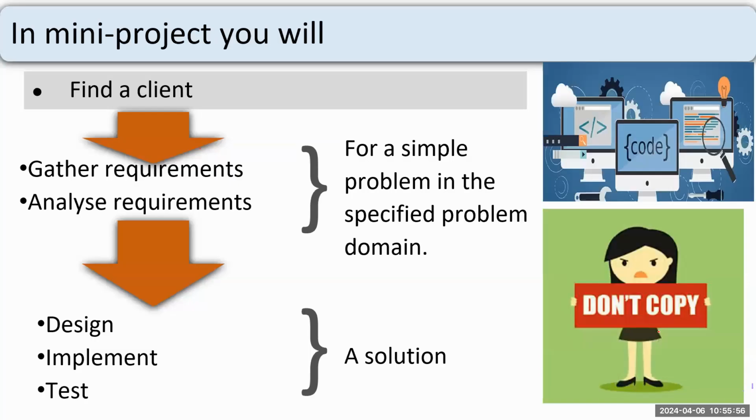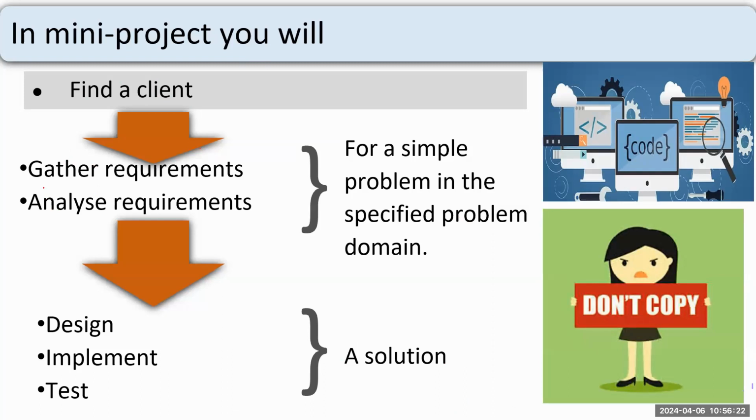Okay, and specifically in the mini project, you have to be focused on three major contributions. First, find the client. The client means the customers. Sometimes the mini project will give a notable example or template for the client.